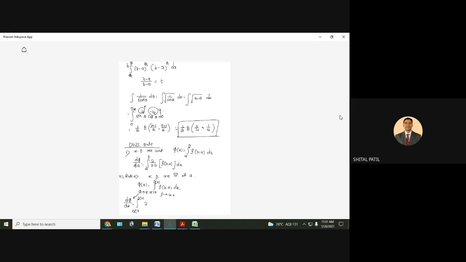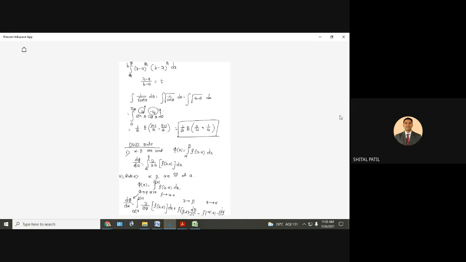Therefore partial derivative, del by del a of f, plus replace x by upper limit beta. Replace it by lower limit. That's it. Clear? Understood? Okay, this is rule number 1, 2.